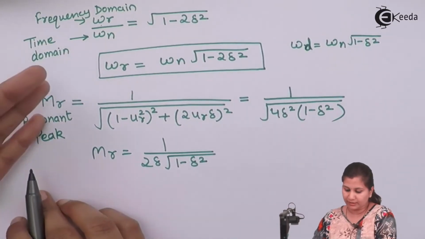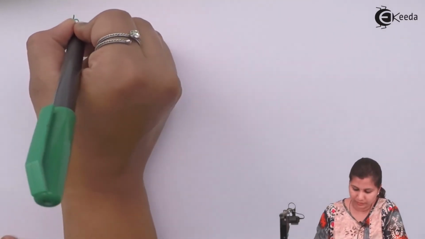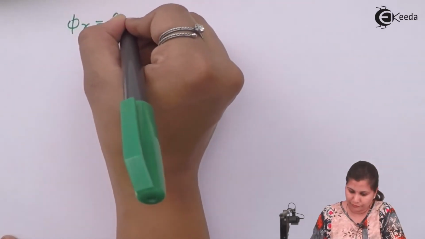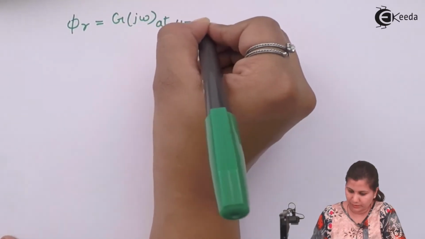Now from these things we can get phi r, which is the phase angle of G(j omega) when u is equal to ur.